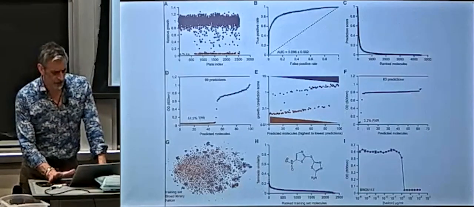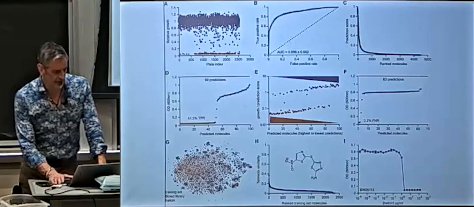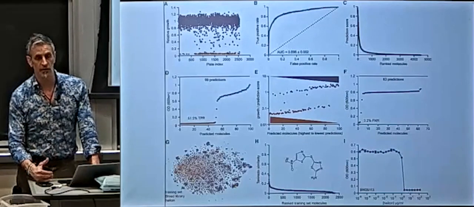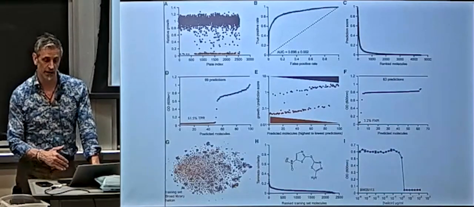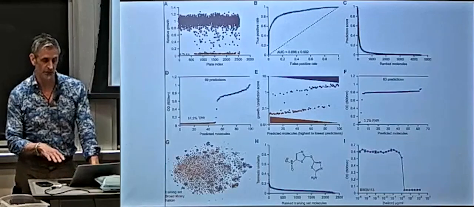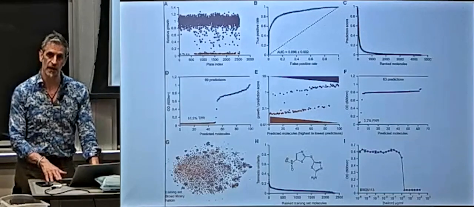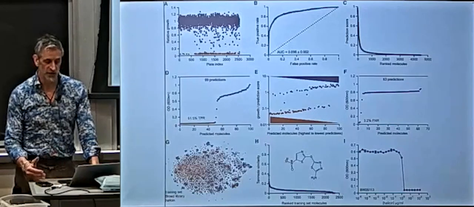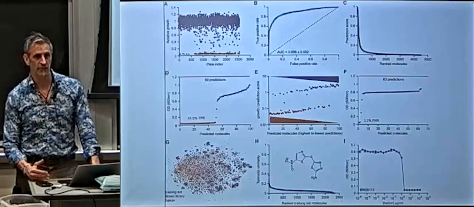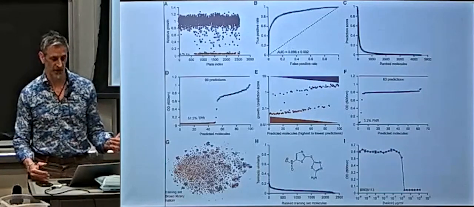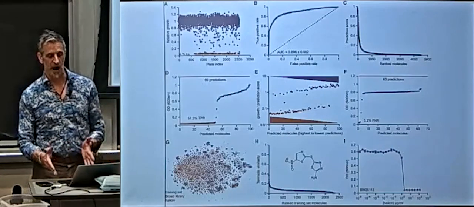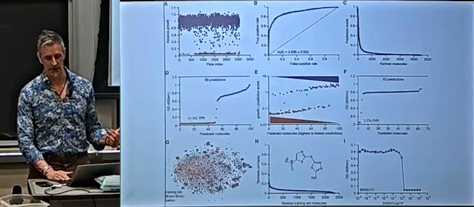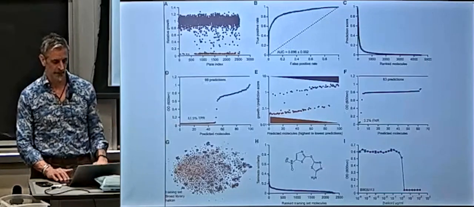And you can go through the paper in more detail, but if you want to check out panel D, they've taken the 100 top predictions, predictions that were in their test set but not in their training set. You can see almost half of them inhibit the growth of E. coli. Whereas if you look at the bottom predictions in panel F, very few of them inhibit the growth of E. coli.